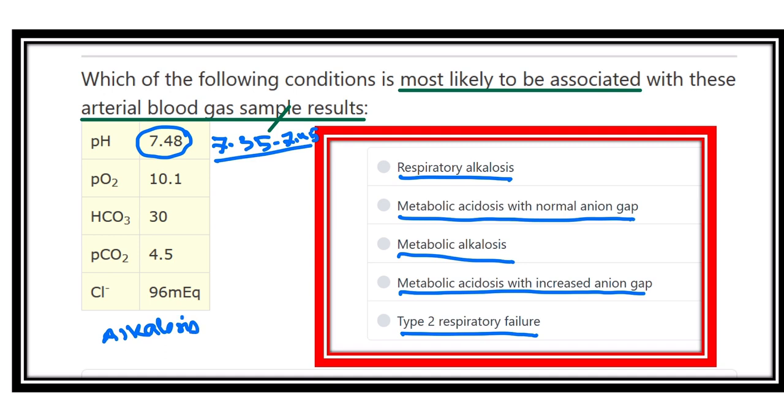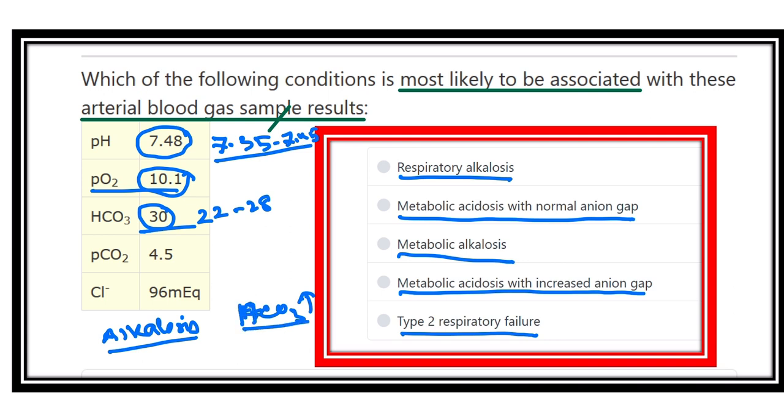For this we have to see the other parameters. Here we can see the partial pressure of oxygen, which is 10.1. Bicarbonate is 30, and we know the normal range of bicarbonate is 22 to 28, so it is increased. It is alkalosis with increased bicarbonate, which means this is the metabolic part. So when the bicarbonate level increases, it is the metabolic cause.